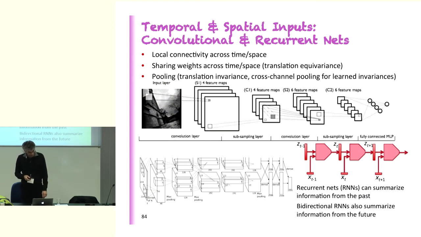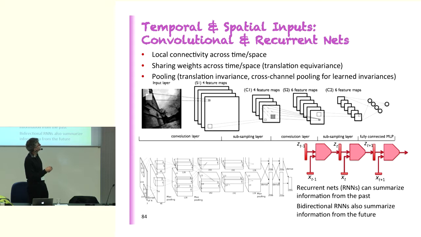All right, I'm going to tell you about convolutional networks. I have already told you a little bit about recurrent networks that are really important for temporal and spatial inputs. And they basically combine two, three ideas: local connectivity, sharing weights, and pooling.